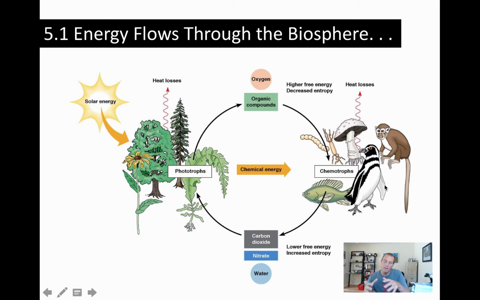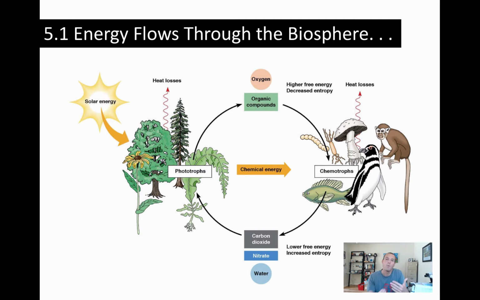Let's go away from thinking about the cellular and think about the ecosystem level, and put organisms and their cells in the ecosystem context. If we start over here on the left, like we just said, phototrophs are the producers in the ecosystems. They use sunlight to produce the food for the rest of the food chain.